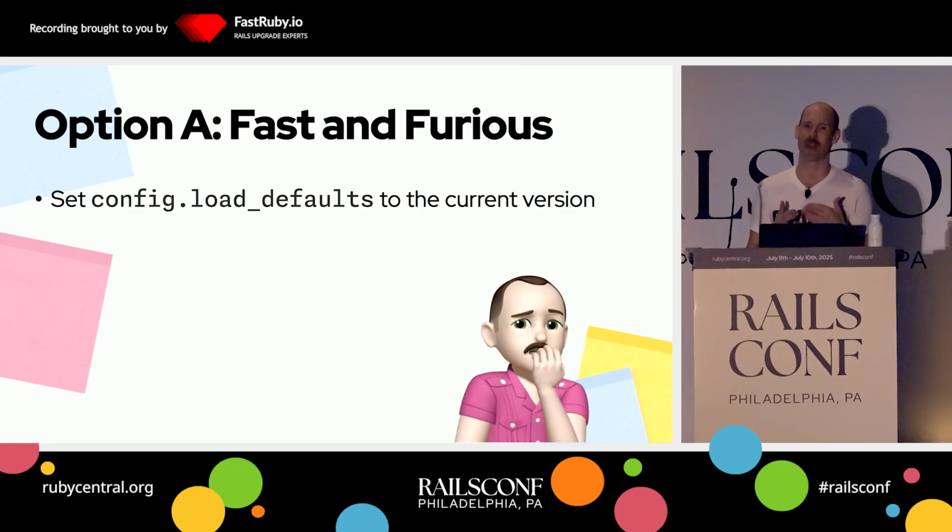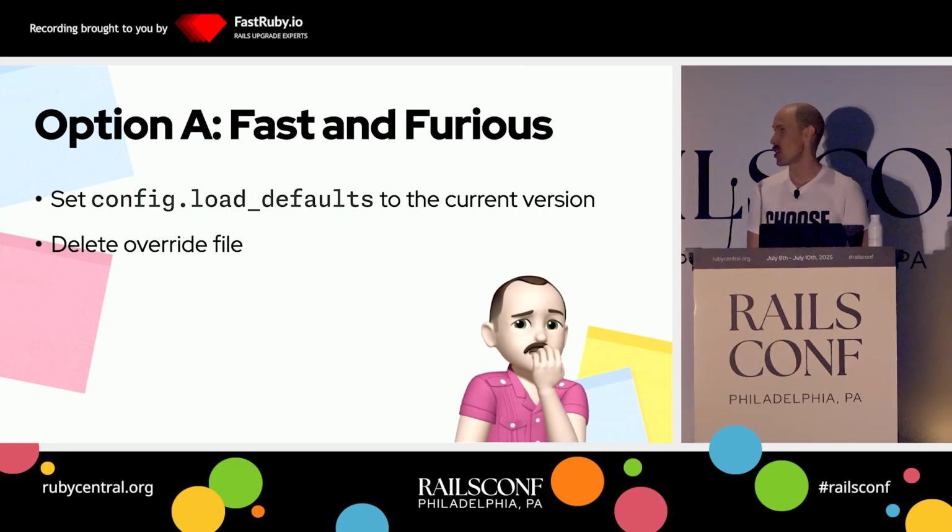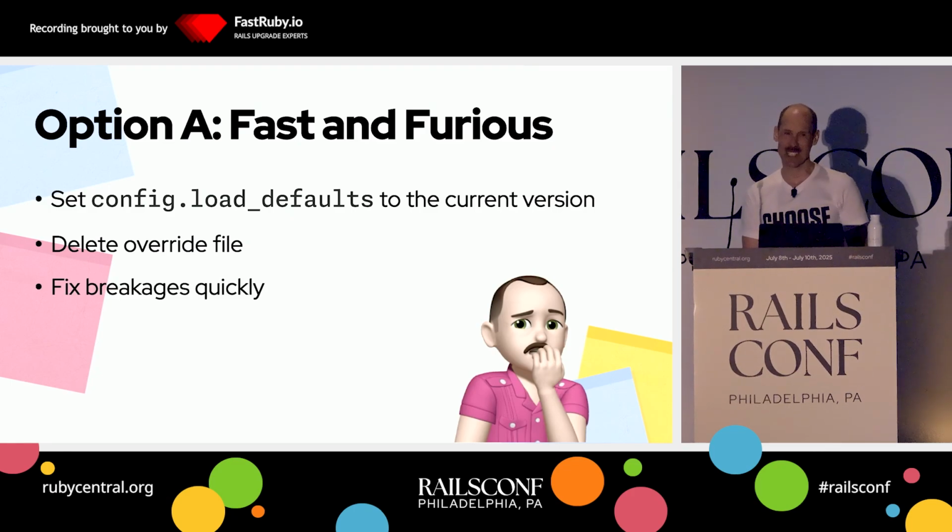I can't really come up with a reason why you'd want to do this fast, but maybe you have to. You're going to set config.load_defaults to the current version of Rails that you've just upgraded to. Then you're going to delete the new framework defaults override file. Then you will consult whatever deity you pray to, deploy, and fix those breakages quickly, because stuff is probably going to break.